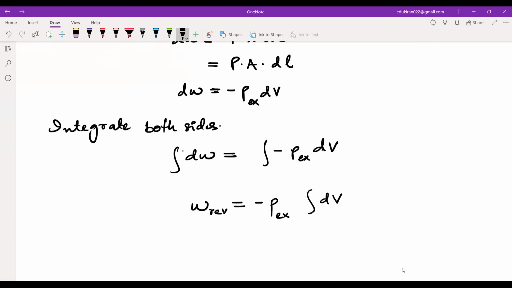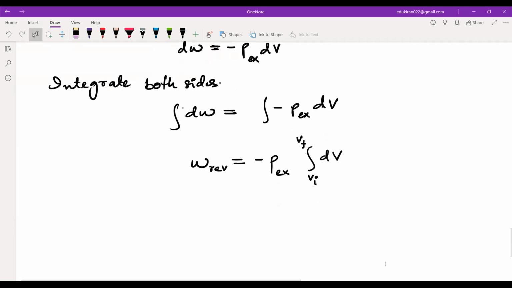Now, when I integrate this dV, it is going from V initial to V final, right? And integration of dV will give me V from V initial to V final.